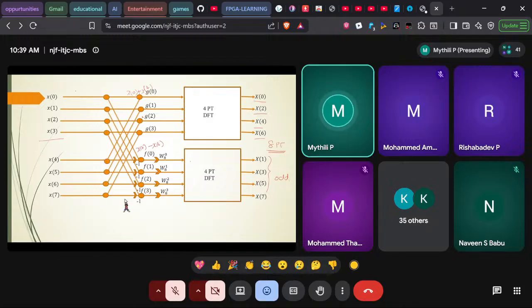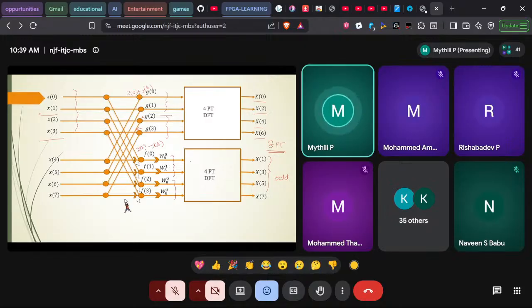In the same way, these four things can again be divided into two halves. Before going to the 4-point DFT, you can divide this into two 2-point DFTs.